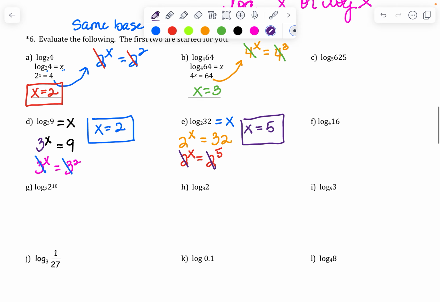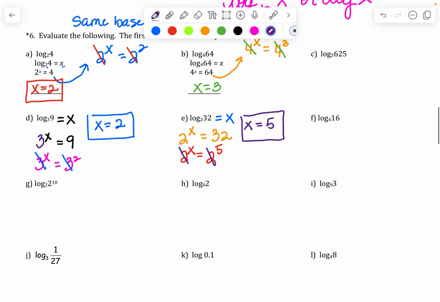And don't forget, there is a 1 up there. So when you mark off those common bases, you're left with 3x equals 1. Divide both sides by 3. These cancel, and you get x is a third.